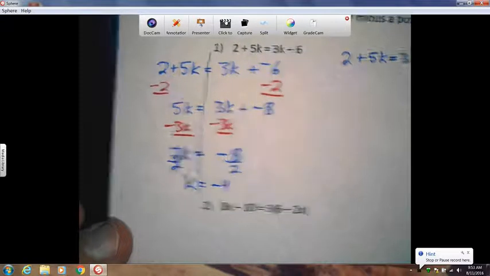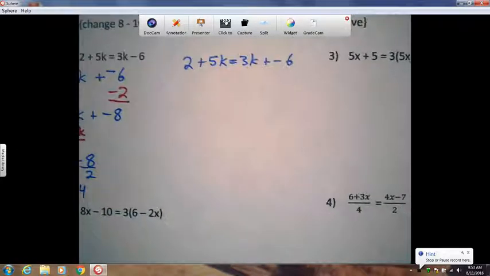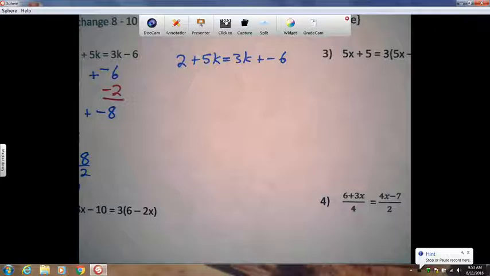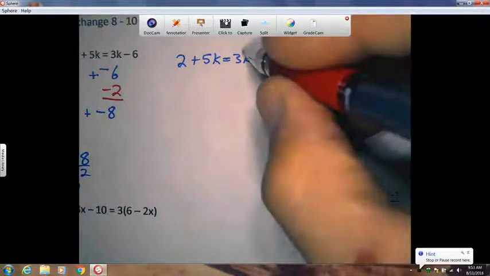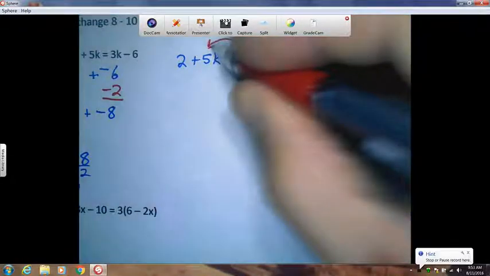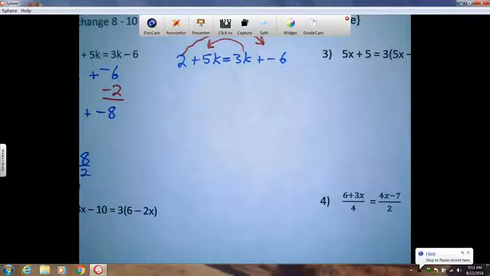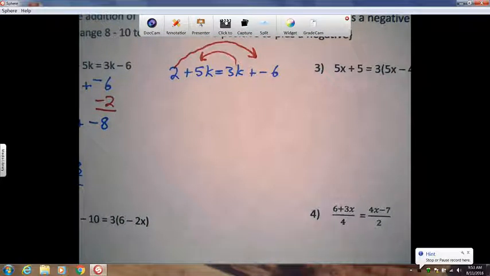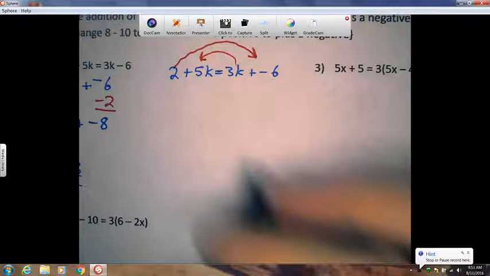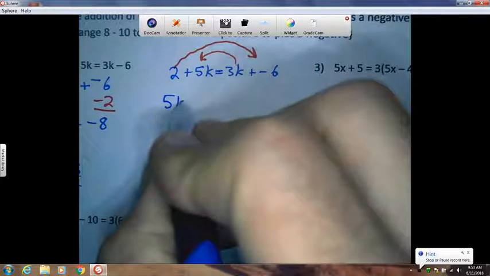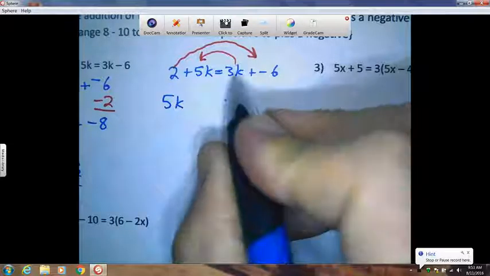So another way to do this is you can just switch the sides of everything. Remember, if you change the sides, you need to change the sign. Okay, so if I want to move the 3k over to this side of the equal sign, I want to move the 2 over to this side of the equal sign. All I have to do is make sure I change the sign. So 5k is already over here. And I'm taking this 3k and I'm moving it.